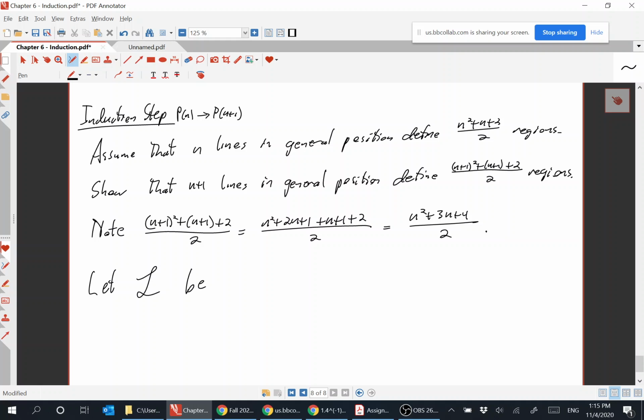We know something about n lines, now we want to prove something about n plus 1 lines. So what do we need to analyze? N plus 1. Yes, so let L be a collection of n plus 1 lines in general position.